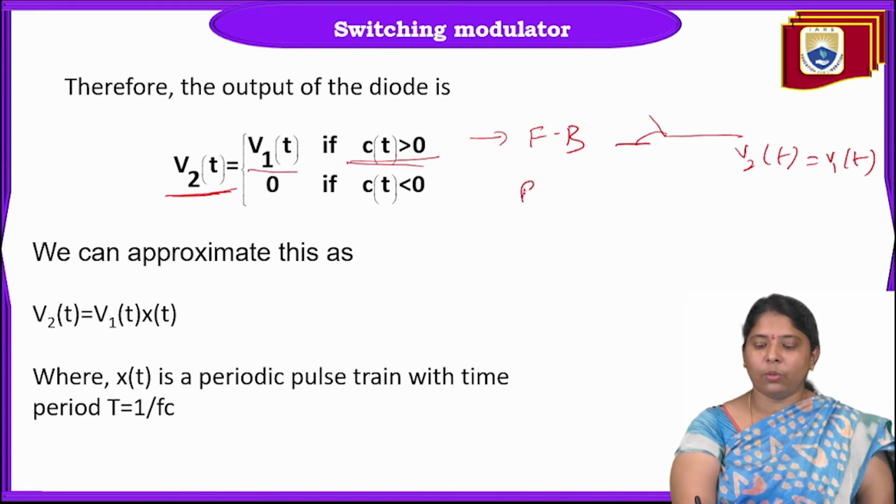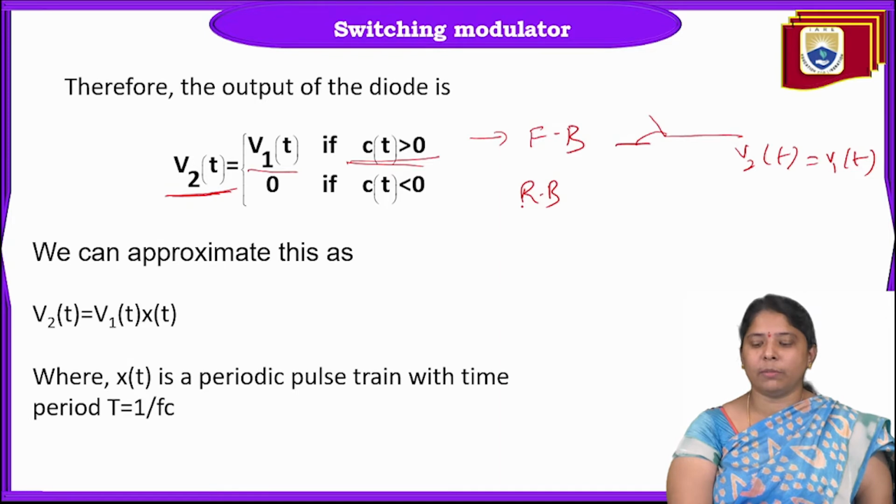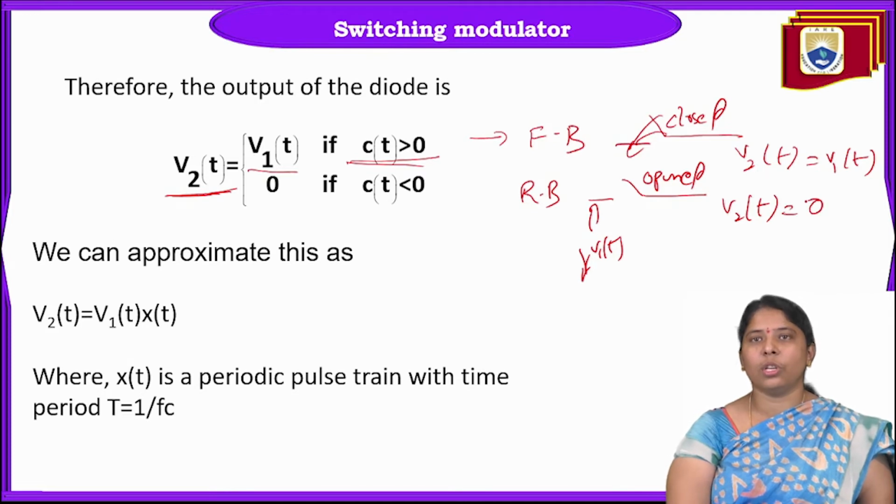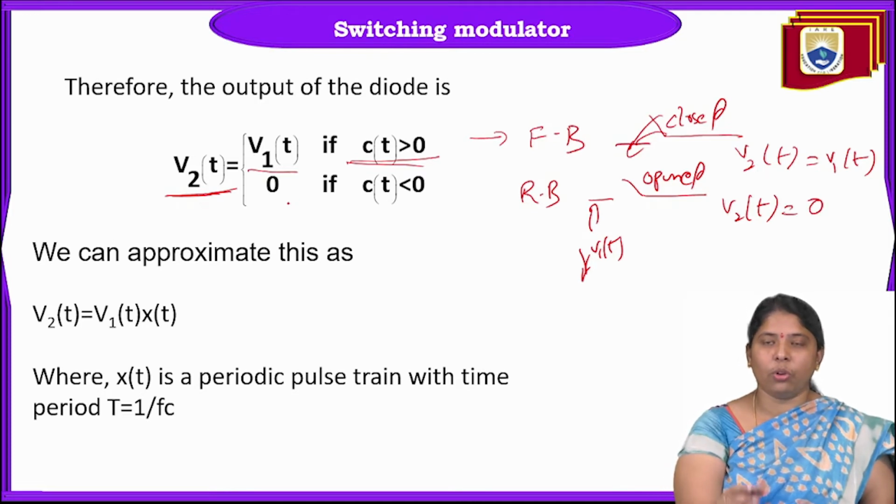If the carrier is negative, what happens? The diode is reverse bias and the switch is open. So V1 of t does not pass through to V2 of t. So V2 of t equals 0 if C of t is less than 0.